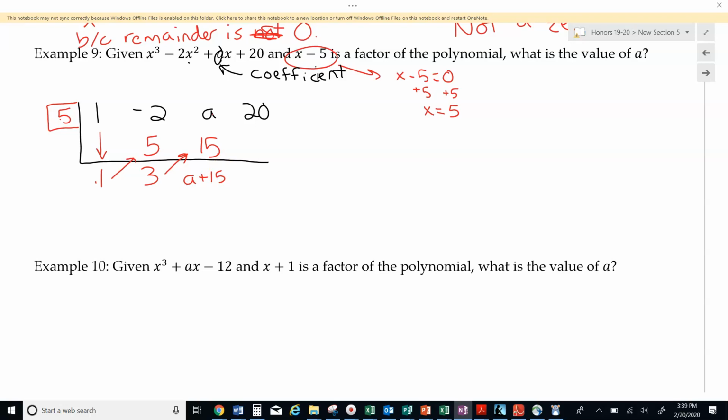So I'm just going to write it exactly how it is. Multiply, well, 5 times A is 5A. 5 times 15 is 60. Gonna add. I now have 5a plus 80.